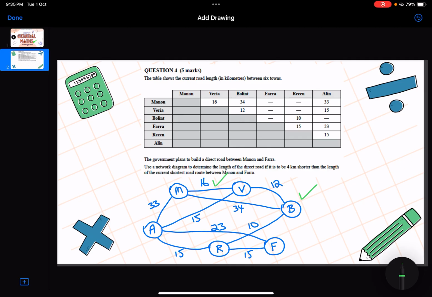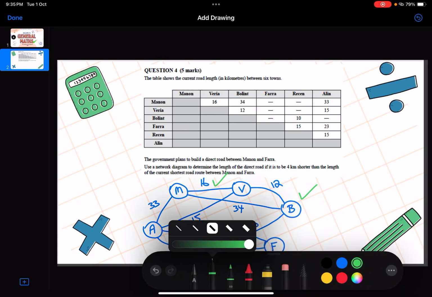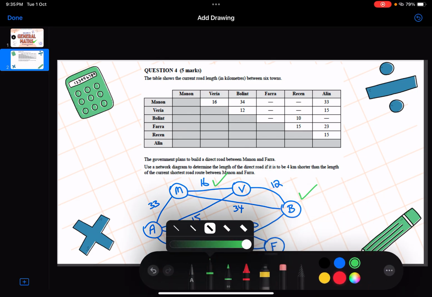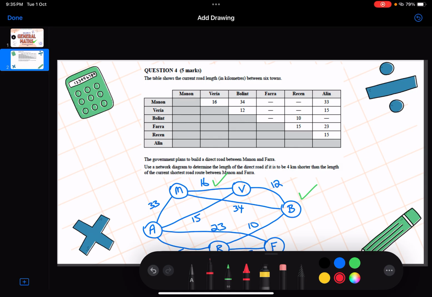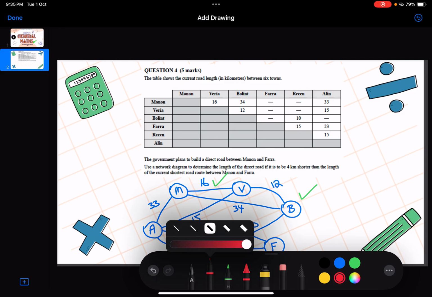In order to get our 3rd mark, we need to find the shortest path, as the question says, between Menin and Farah. There are a number of different ways we can get from Menin to Farah. In terms of the shortest possible way, I'll highlight this for you.